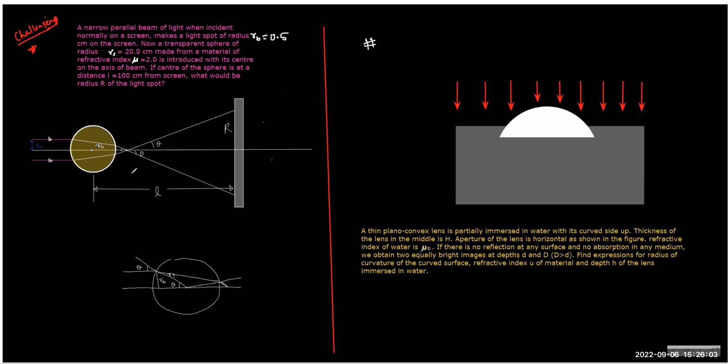Yes, that's why this is the question. You have to solve without using the formula. You have to use the actual Snell's law application. So the answer given is L minus RS times RB by RS. You can use approximation because RB is very, very small compared to RS.